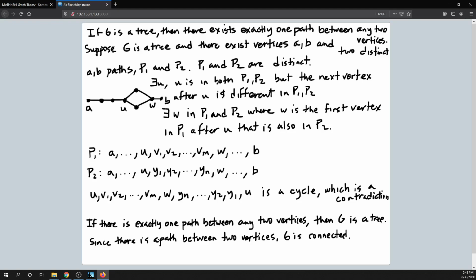Okay. Next up is suppose that G is not a tree. So if G is not a tree, then G contains a cycle.